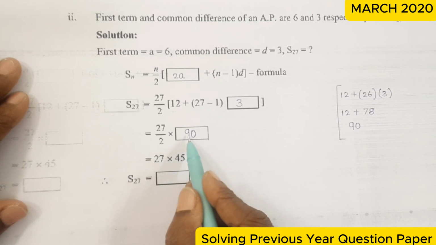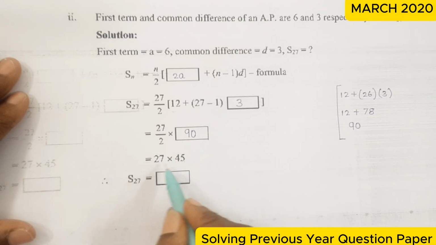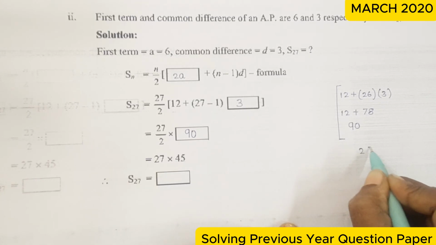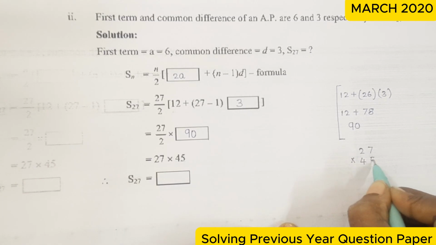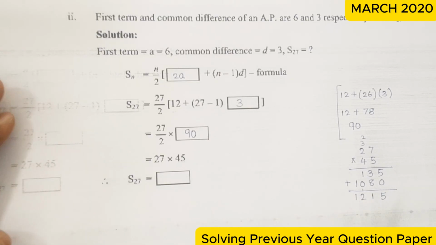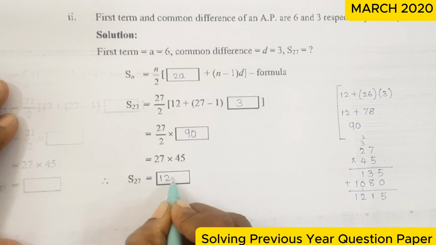Then 90 upon 2, that means 45. So 27 multiplied by 45: 135, then 4 sevens are 28, then 10, then the addition gives 1215. So S27 is equal to 1215.